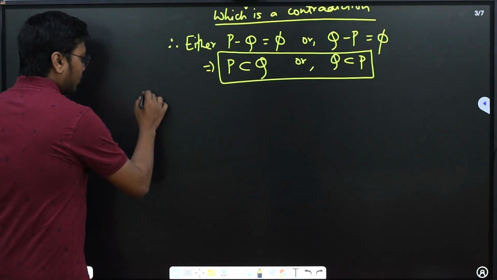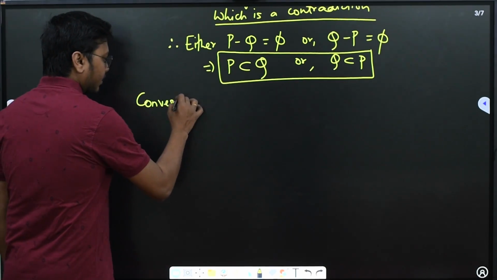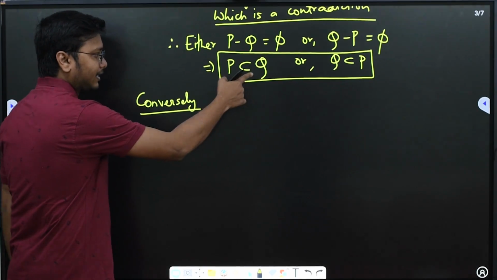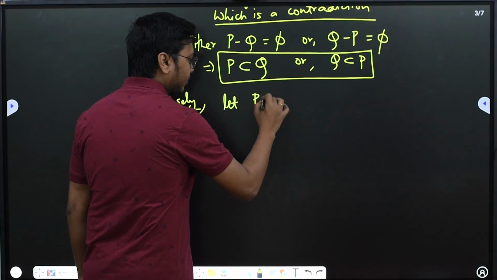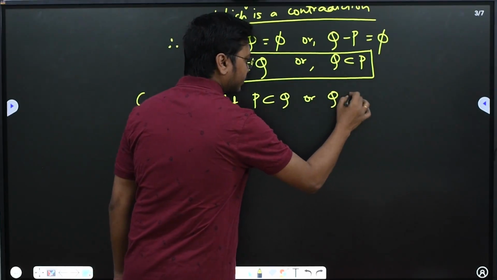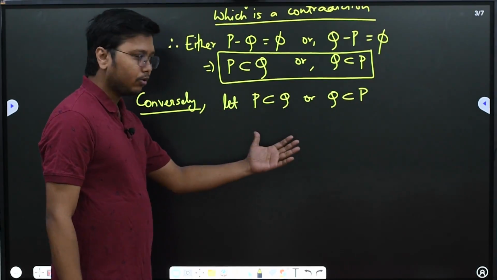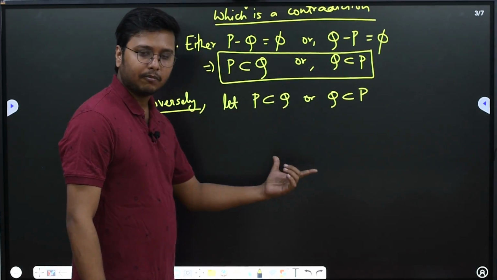So now coming to the conversely part, conversely let me assume that this thing is happening. So conversely let P subset of Q or Q subset of P, okay, and I want to show that the union will now become a subspace.